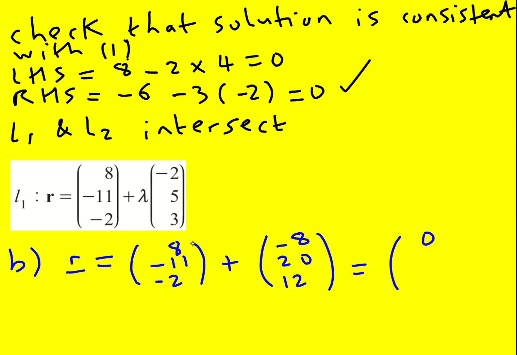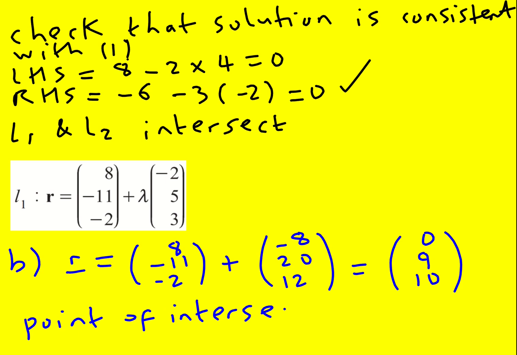That's going to be 0, we've got that a minute ago, 9, 10. So point of intersection. Remember, technically this is a vector going from the origin to the point. The point of intersection should be written as coordinates: (0, 9, 10).